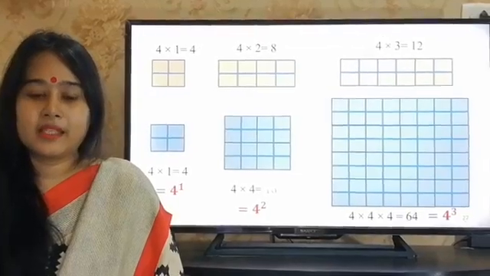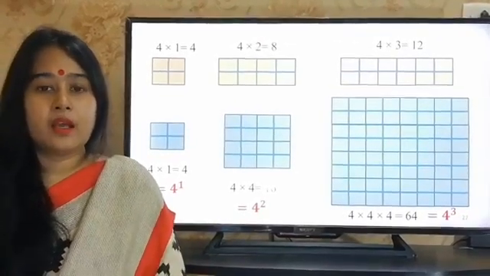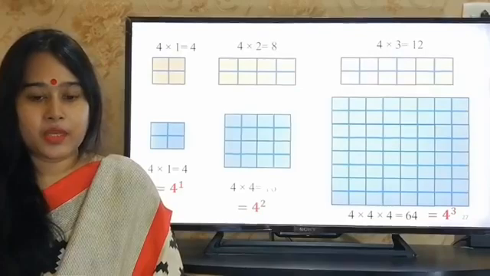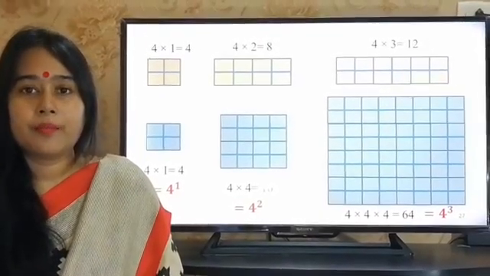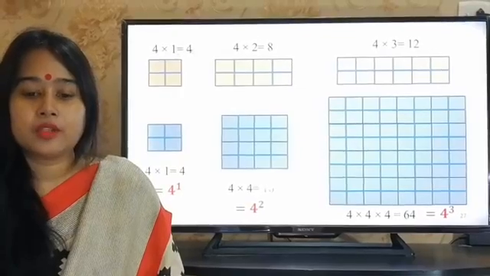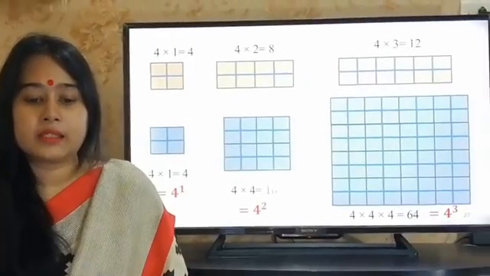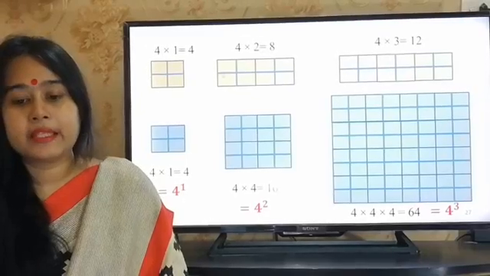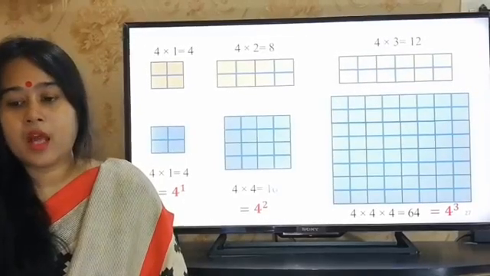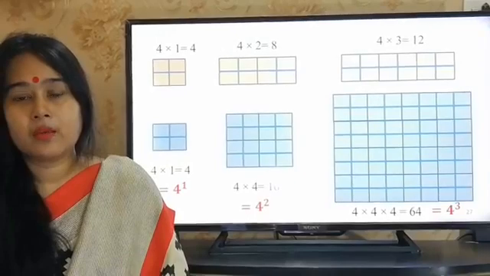Here we can see some comparison between multiplication and exponent. If you see here, 4 into 1 equal to 4. That means here you can see 4 boxes. 4 into 2 equal to 8. Here are 8 boxes. 4 into 3, what is the result?